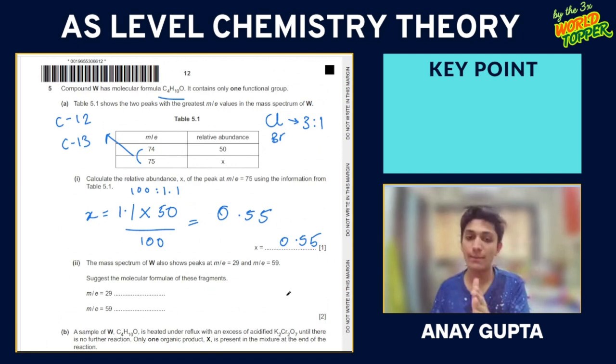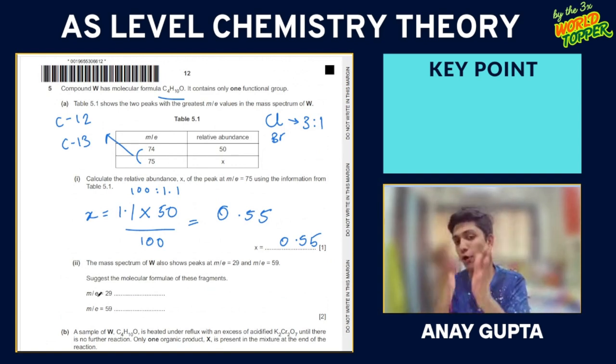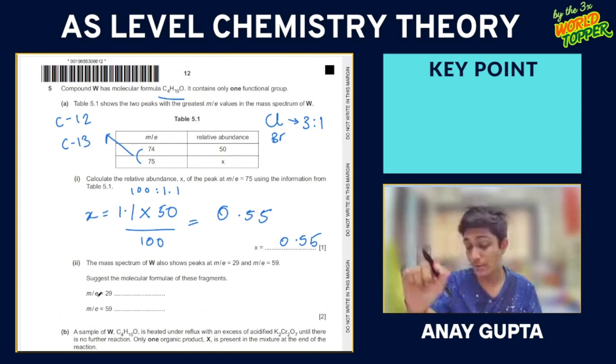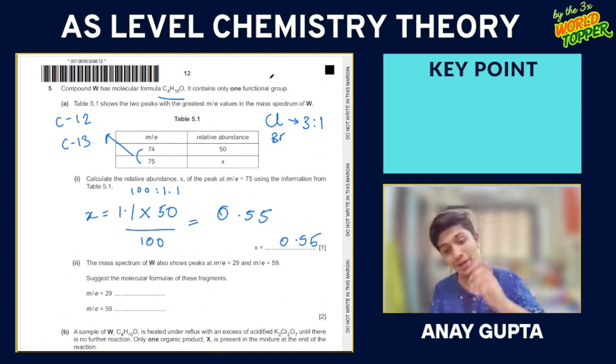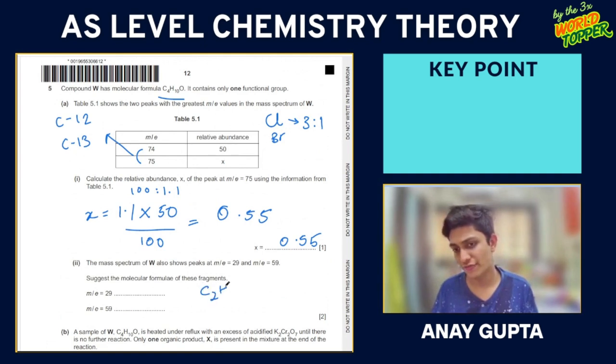The mass spectrum of W also shows peaks at m/e equals 29 and m/e equals 59. So that's the molecular formula of these fragments. I have to find the sum of the atoms in compound W's formula, C4H10O, which will give me a relative molecular mass of 29. So for 29, I can have C2H5, right?